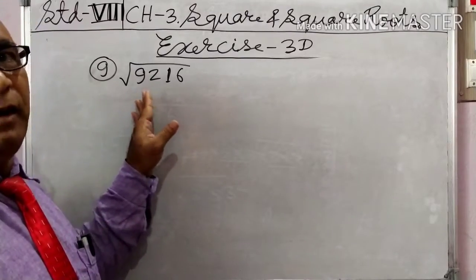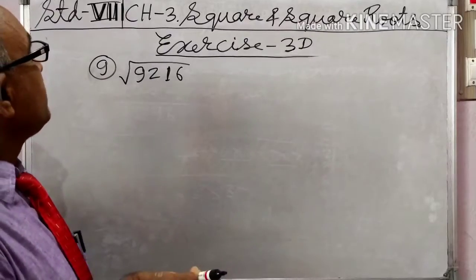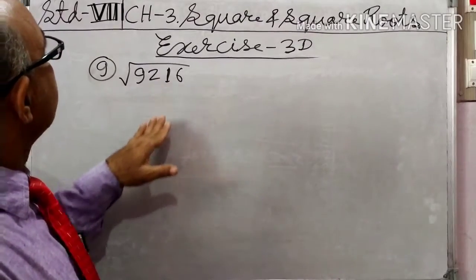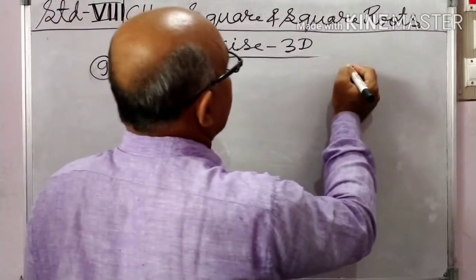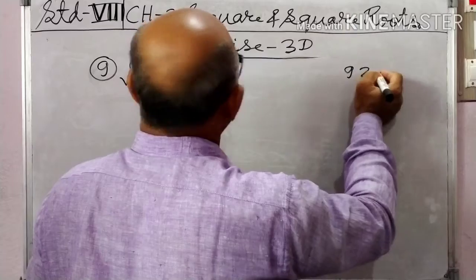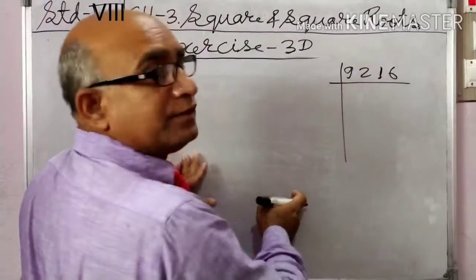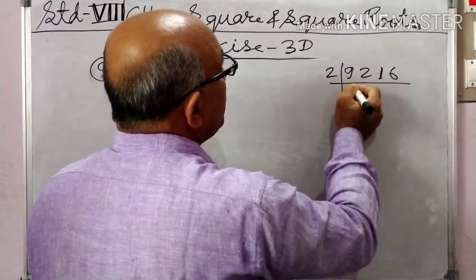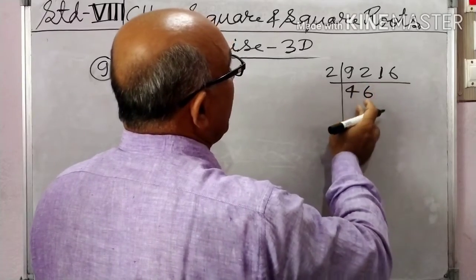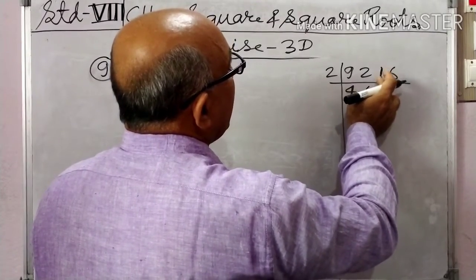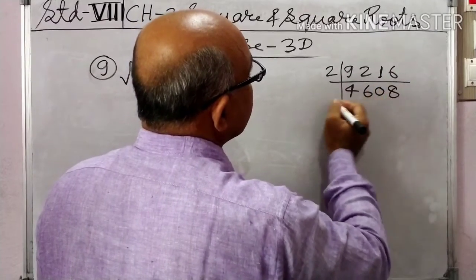Next question is question number 9. Find the square root by prime factorization method. Under root 9216. First of all, we find the prime factors of 9216. 2 times 2 4 are 8, 1 2 12, 2 6 are 12 and 1 6, so 0, 2 8 are 16.